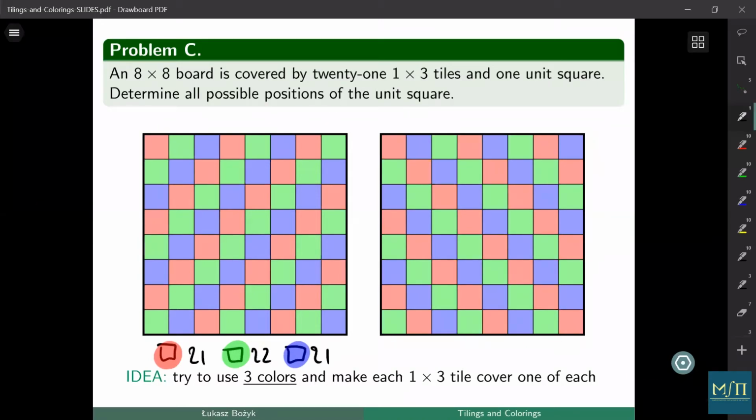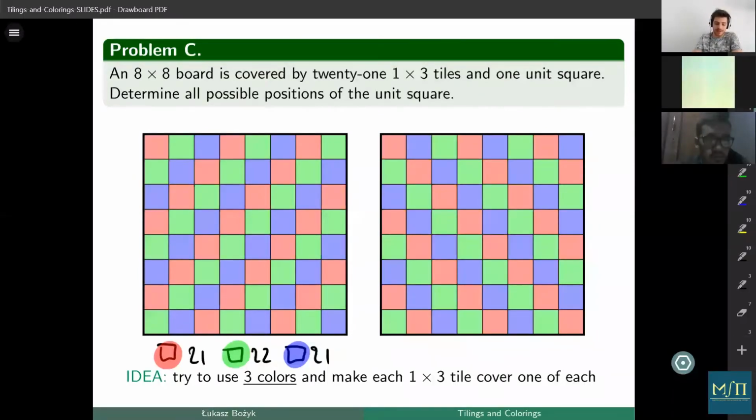And what can we deduce from this? Well, if we were able to place 21 1x3 tiles on this board, then we would have 21 covered red, 21 covered green, 21 covered blue cells. So the extra cell, the one uncovered by these 1x3 tiles, has to be green. We know that it has to be green.